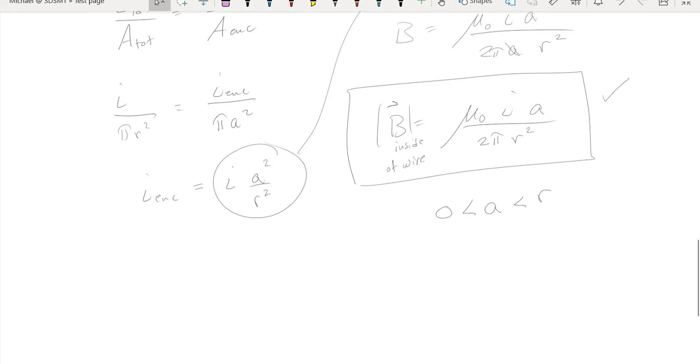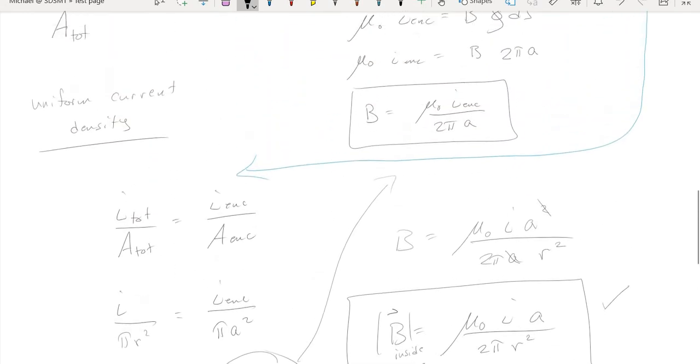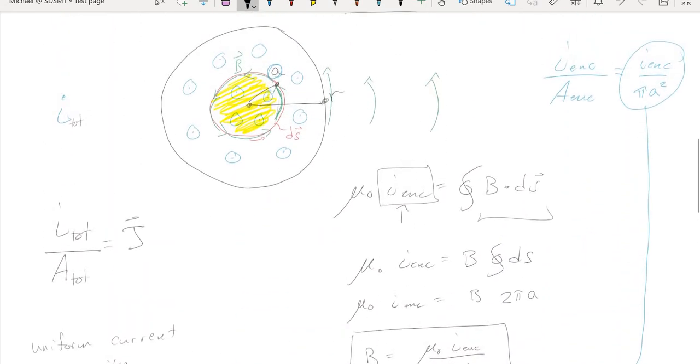But then that brings up the notion, what if we let a equal 0? In that case, your magnetic field is going to tend to 0. And that means we don't have a magnetic field at the center of the wire.